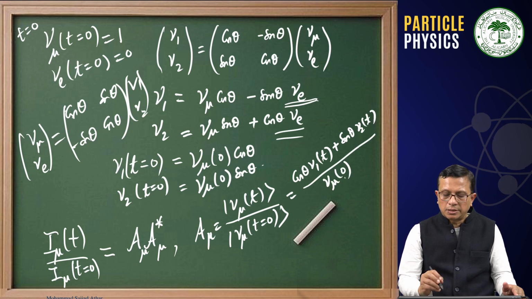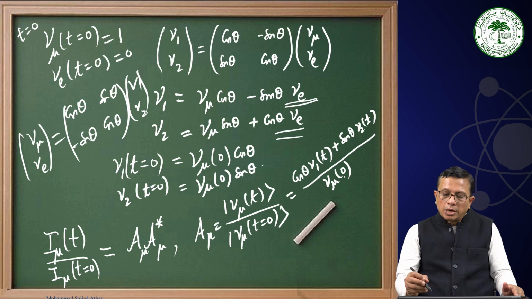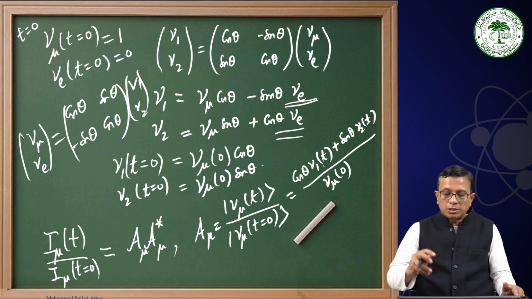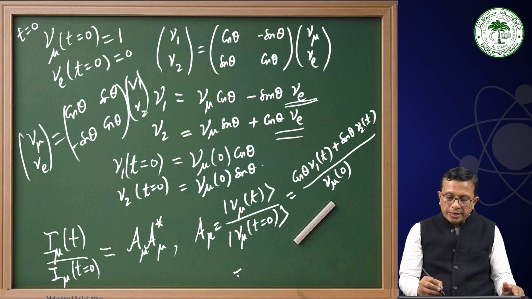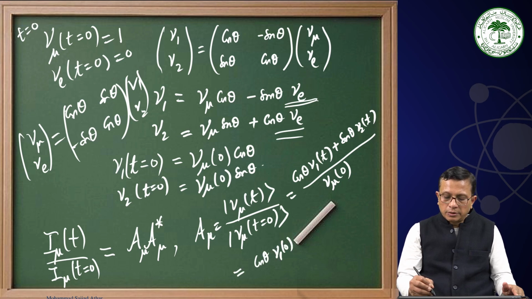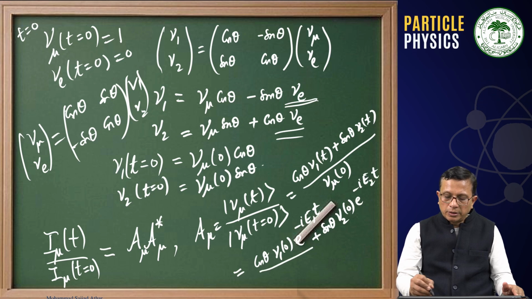Instead of writing time equal to 0 all the time, we are writing this as nu mu 0. Now, what is nu1 t? This is nu1 0 e to the power minus i e1 t. Therefore, in my next step, I am writing it as cos theta nu1 0 e to the power minus i e1 t plus sine theta nu2 0 e to the power minus i e2 t upon nu mu 0.